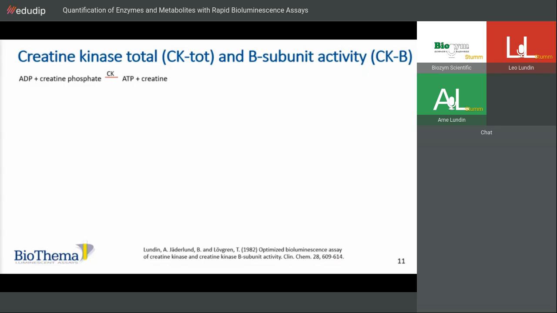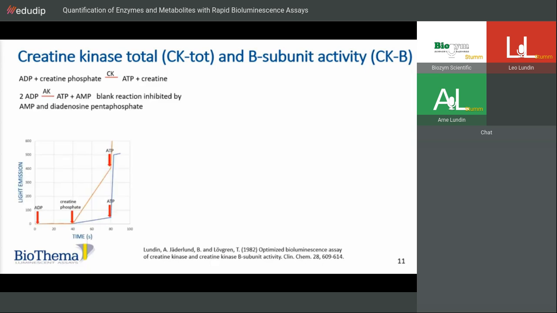The adenylate kinase reaction would form a high blank for the measurement if not inhibited by AMP and the adenosine pentaphosphate. The figure shows the automatic procedure. And the adenylate kinase activity is measured here, CKB here, and CK total here.